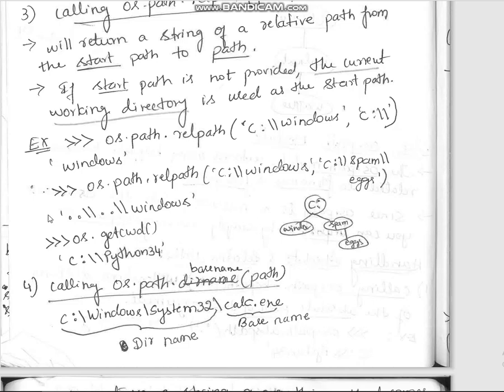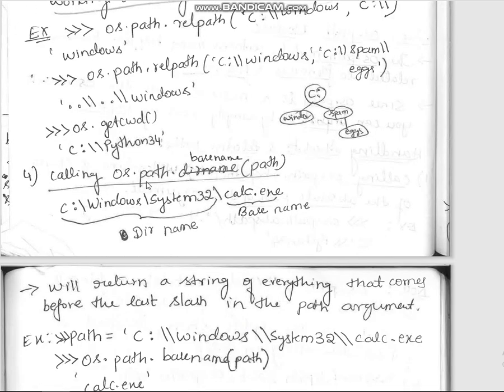So for this, it will represent it as double dots. That is, these folders spam and X are represented as double dots here. Okay. Now os.getcwd, to know the current working directory, will give us C:\Python34.